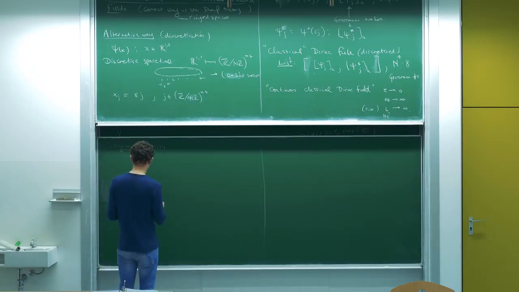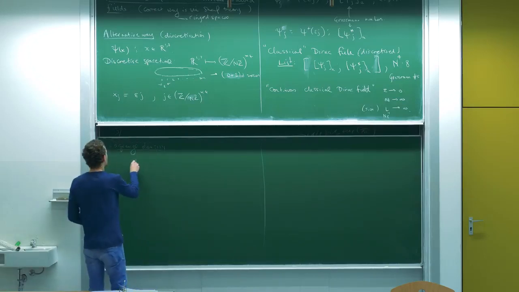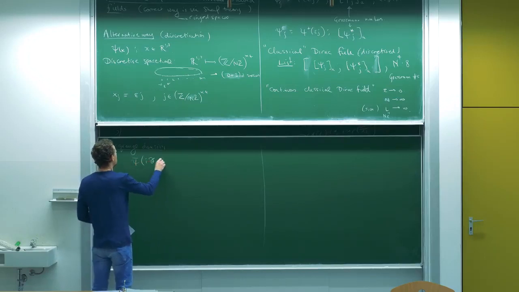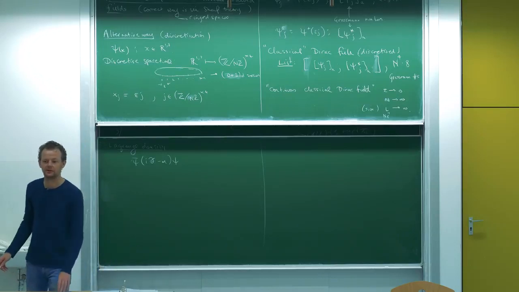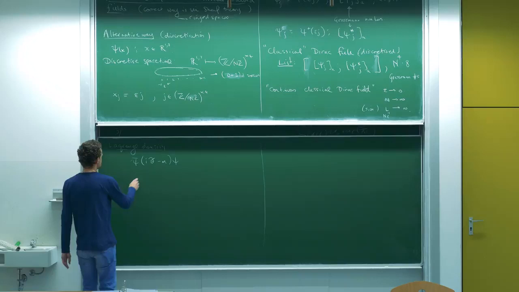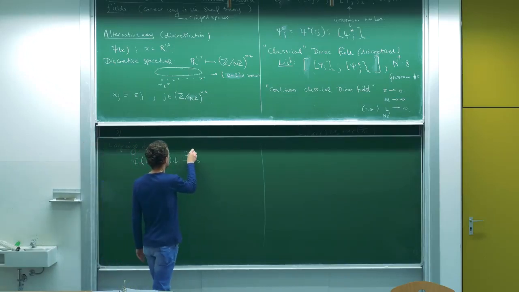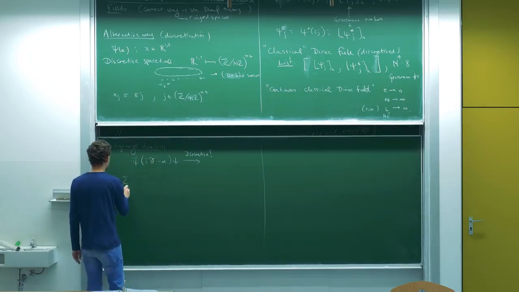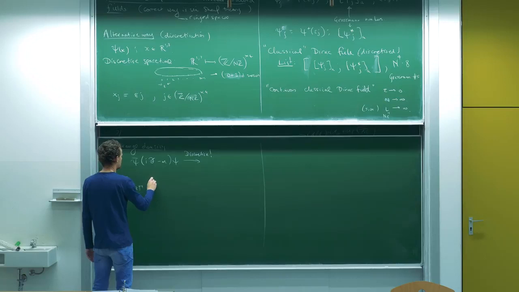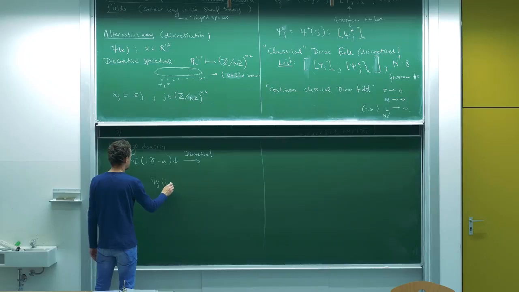So we need a Lagrange density. Well, we have one, but that's for the continuous ones, right? We've got to discretize. And we end up with a sum now. And what's the right way to do this?